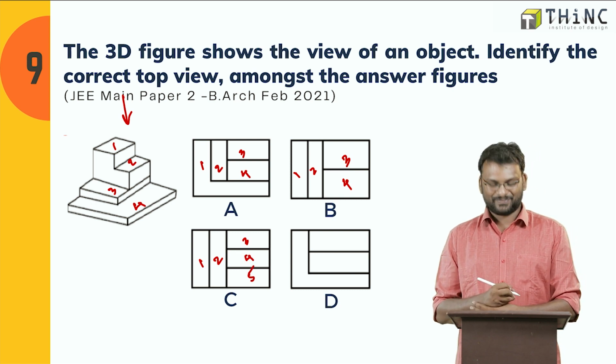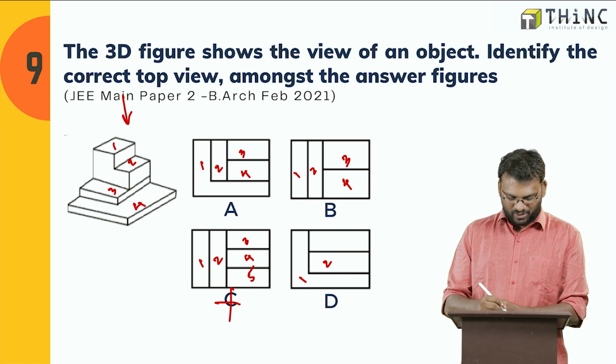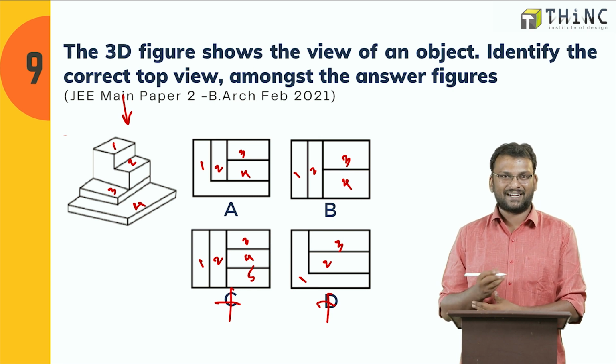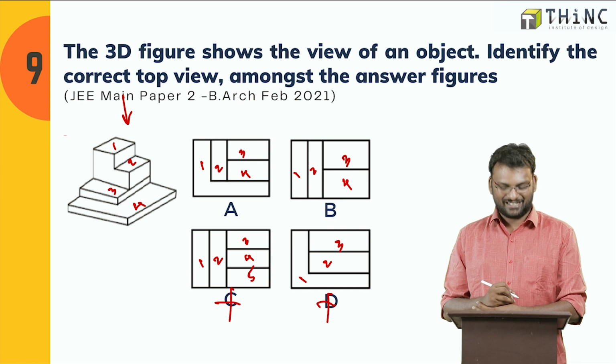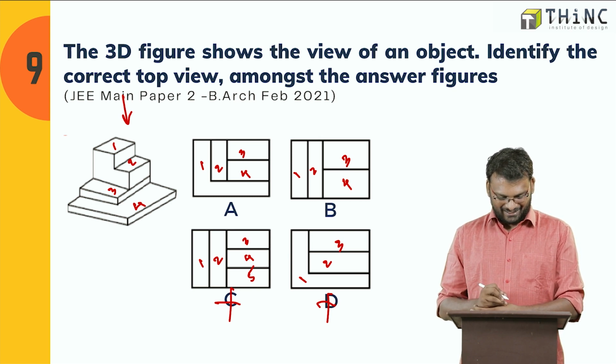Okay, it's a bonus. Option C eliminated. Now 1, 2, 3. Okay, so 50-50 chance, A and B, which is the right answer. Counting technique takes us to a 50-50 chance right now. Option A or option B is the right answer over here.